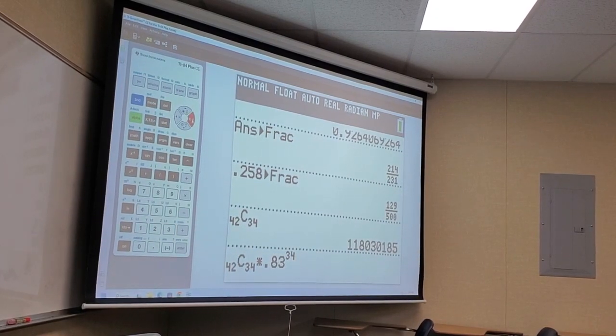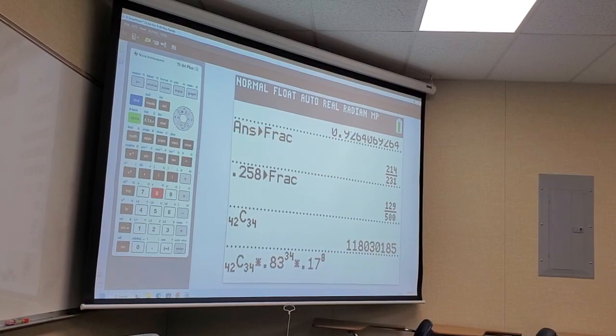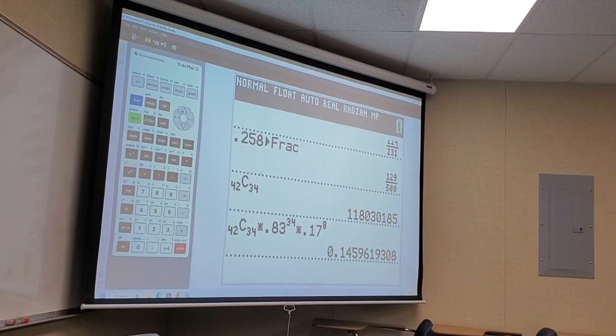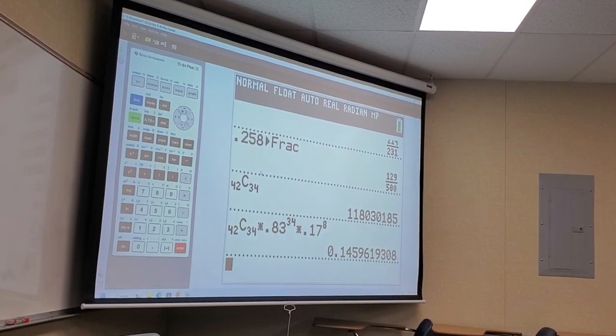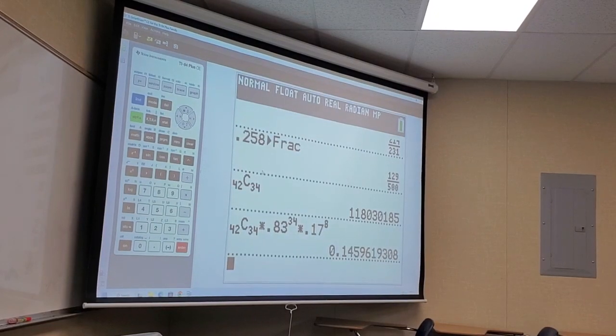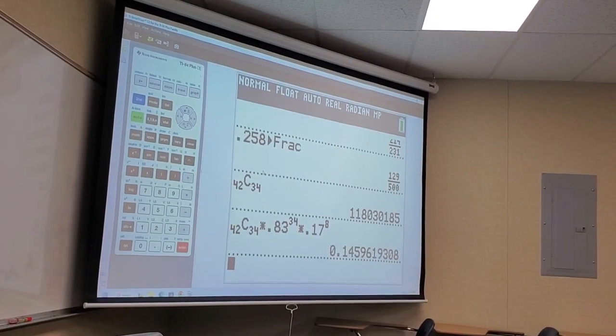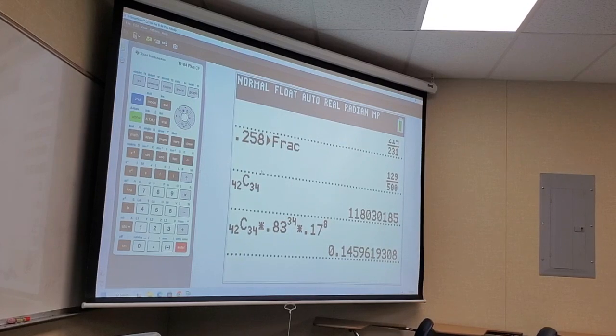Hit the over arrow to come back down, times 0.17 to the 8th. Let's see what we get. So almost a 15% chance that exactly 34 people out of 42 will enjoy popcorn.